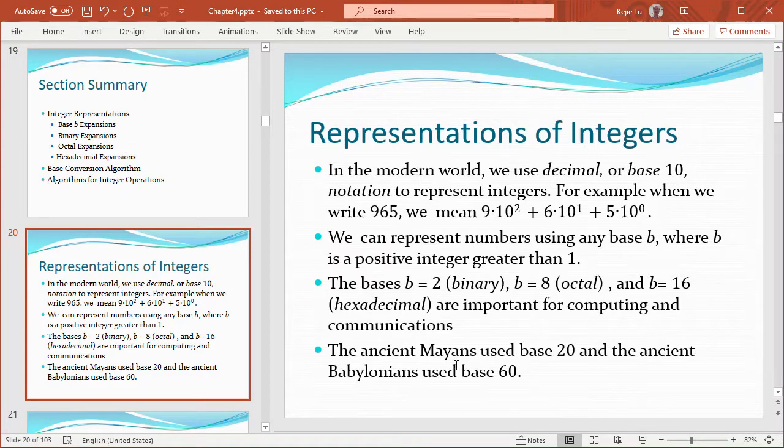Perhaps the most important reason that we are most familiar with base 10 is that we have 10 fingers. So it's rather straightforward to count using 10 fingers. For those ancient Mayans, maybe they are using 10 fingers and then 10 toes. That will give them a total of 20 possible digits.